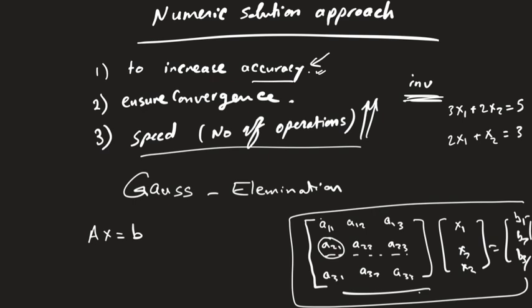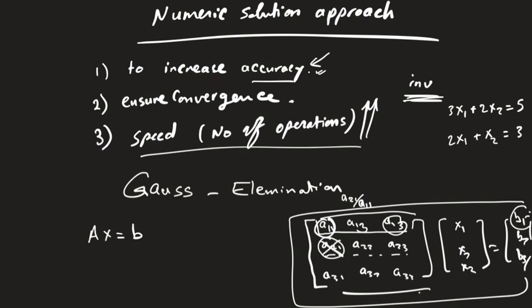I can take the first equation, which is represented by this row, and multiply every single coefficient of that equation, including the b side as well, with A21 divided by A11, right? So that I get A21 at this point, okay? And then here I will get some value, and here I will get some value. Take that scaled equation, subtract it from the second equation, the first part will disappear, right?